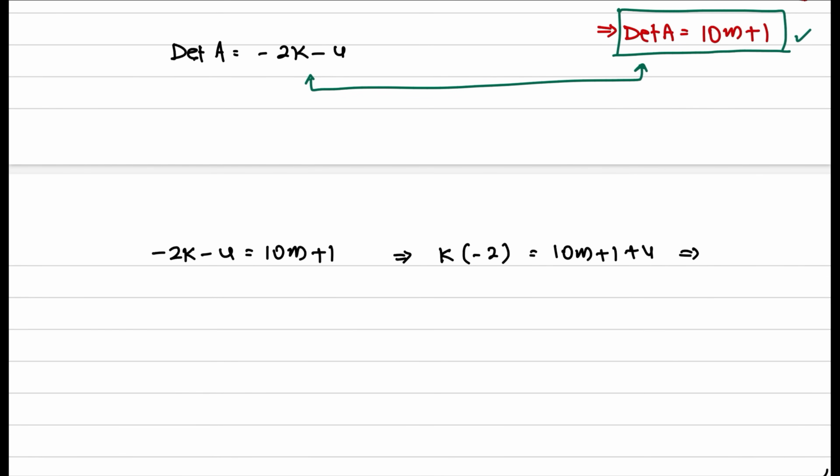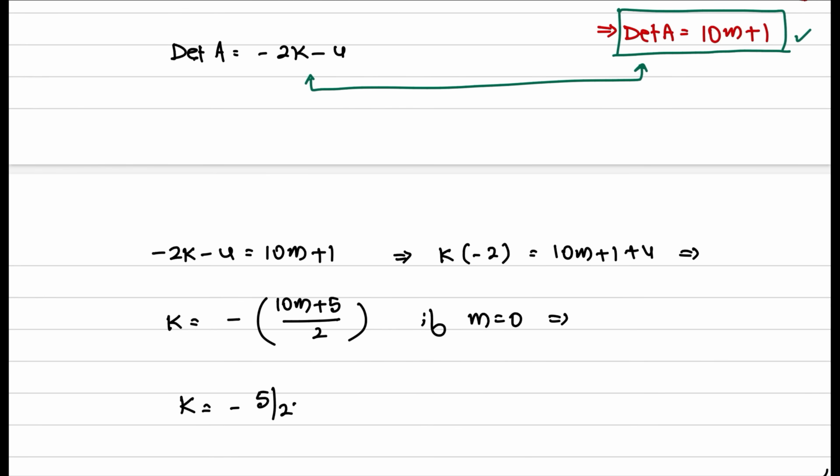That implies k is equal to minus of 10m plus 5 by 2. If m is equal to 0, k value is minus 5 by 2.